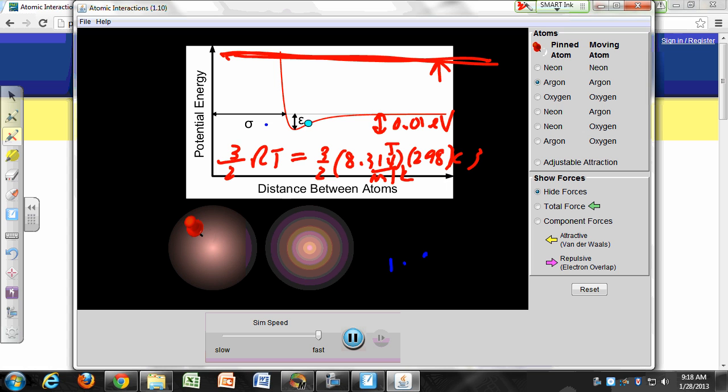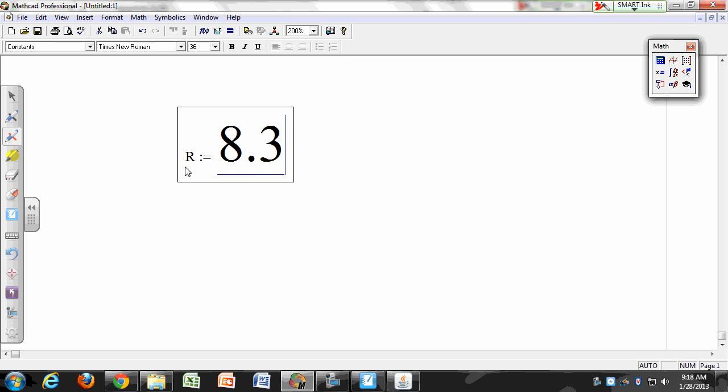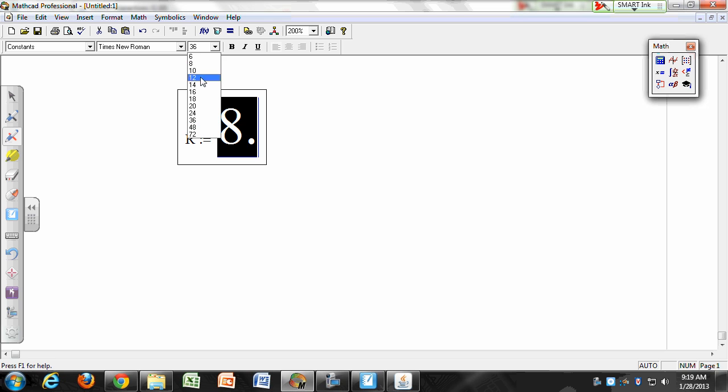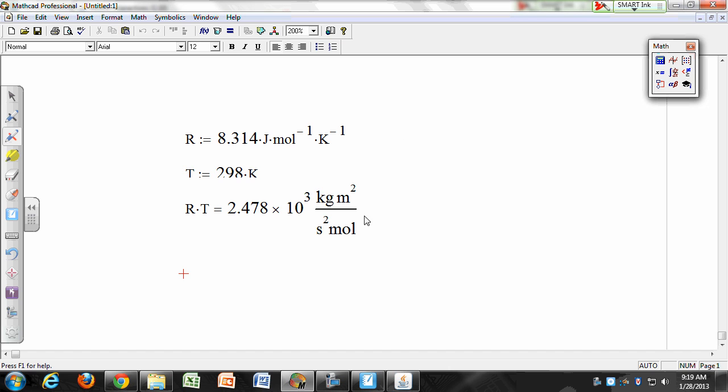Temperature is 298 Kelvin. Calculate that. So R times T equals that many joules per mole.